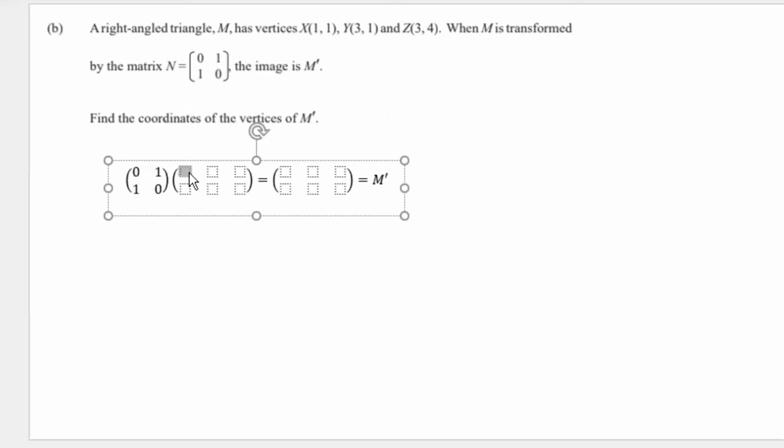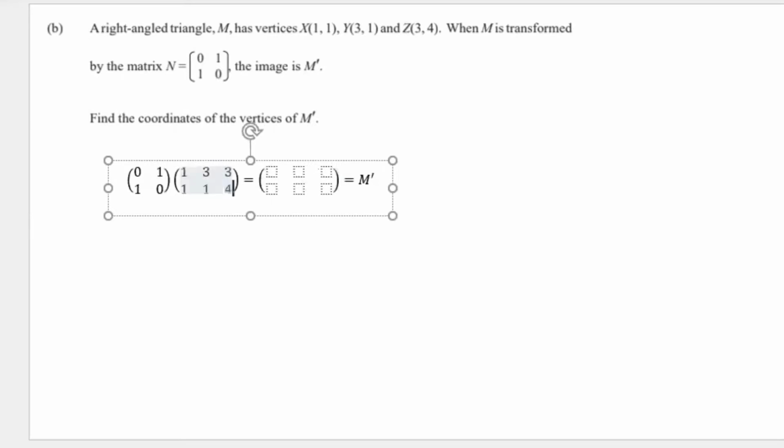And we have our coordinates for X, which is 1, 1, and for Y, 3, 1, and for Z, 3, 4.